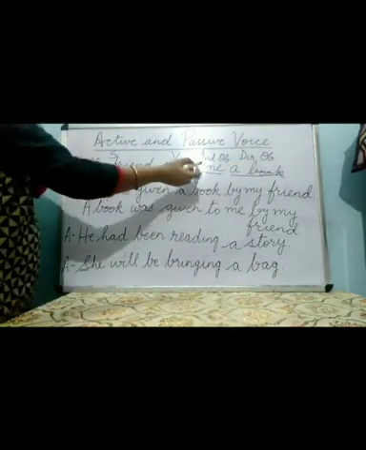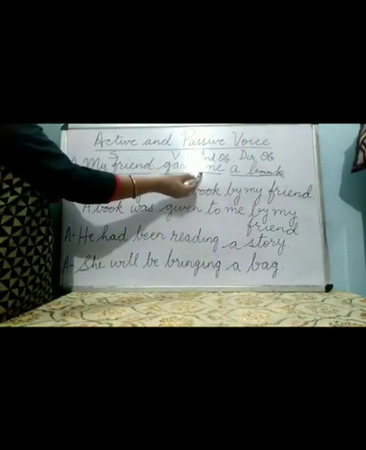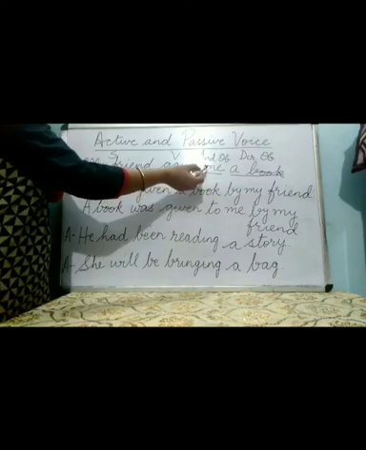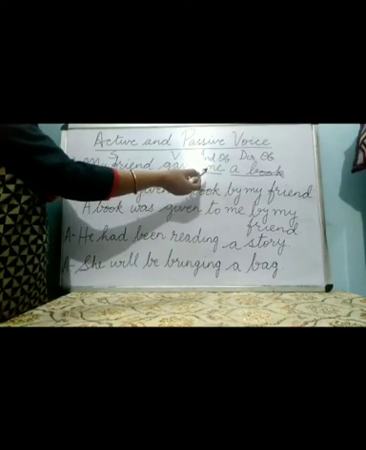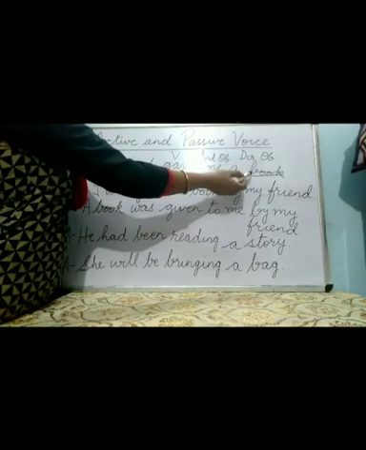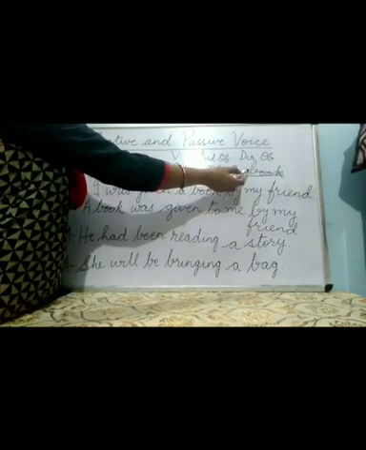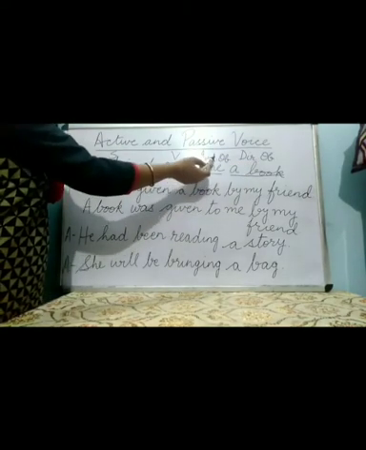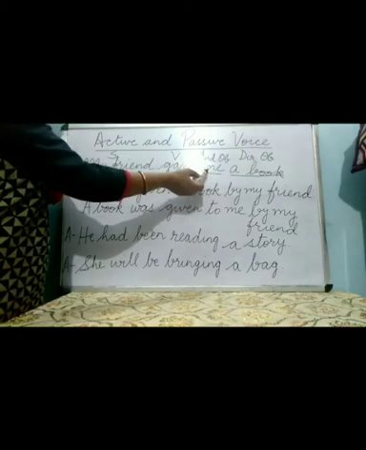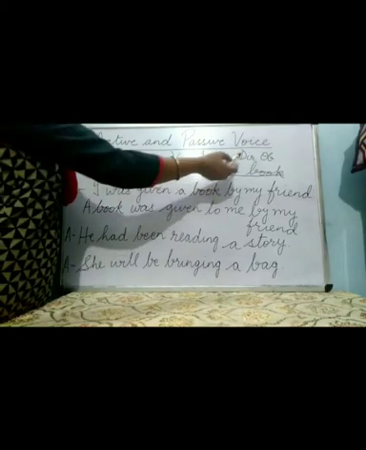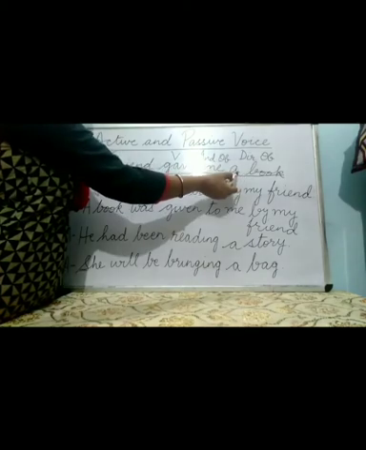Now indirect object refers to the person for whom something is being done, and direct object mainly refers to a thing. So here indirect object is me, the person for whom something is being done, and direct object is a book, that is the thing here.